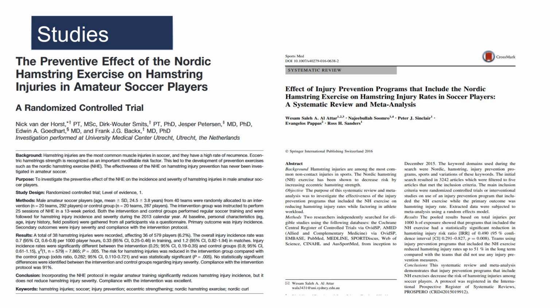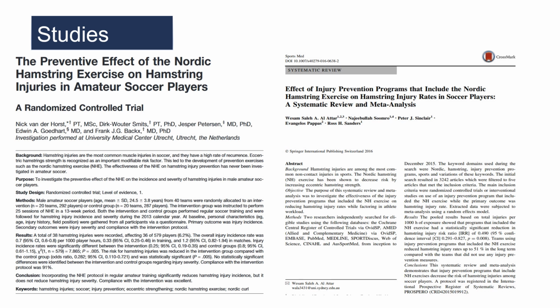And there is one more study. This is a systematic review and meta-analysis done by Al-Attar et al. in 2017. This study included 5 RCTs and examined the effect of Nordic hamstring exercises on hamstring injury rate in soccer players.